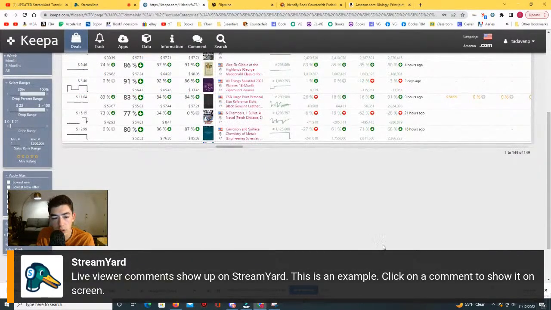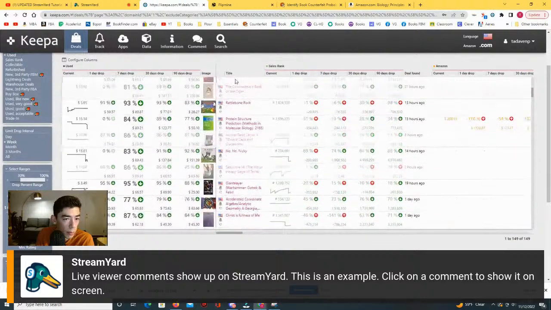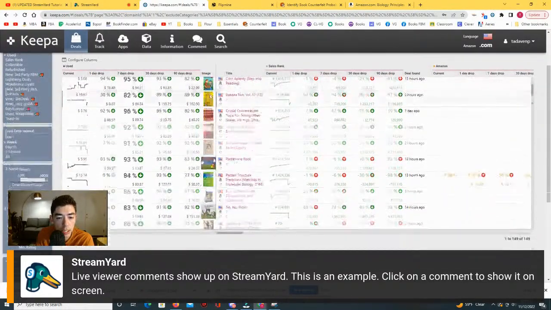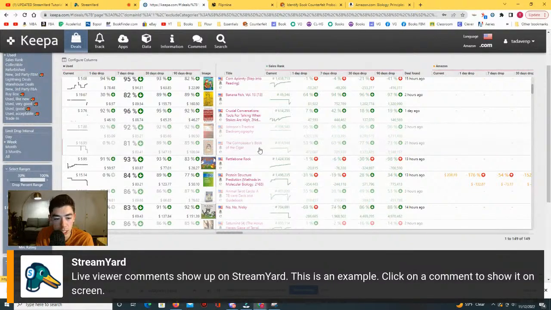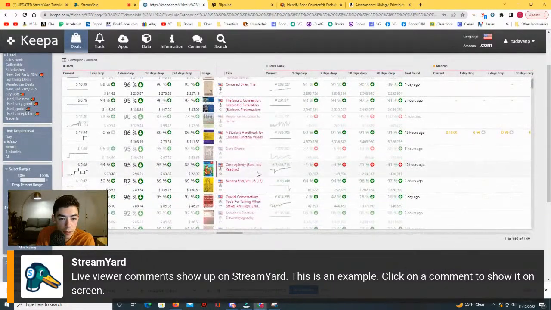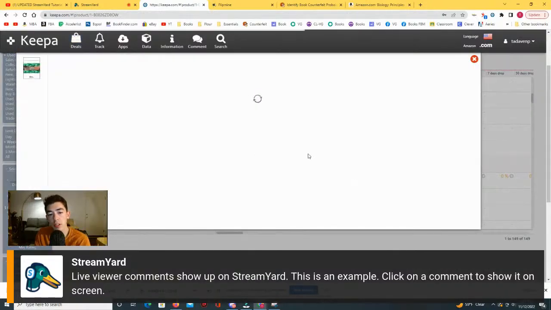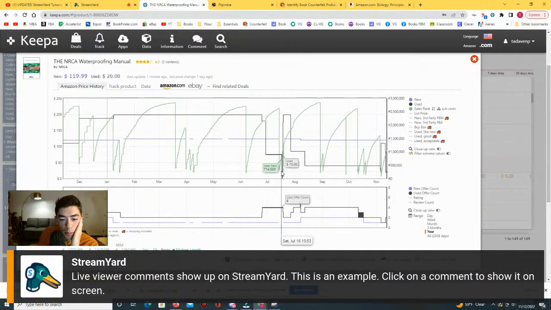You would have gotten an actual notification that would show up under the track feature here of Keepa. And I would definitely buy that book at 40 cents, because it's a totally undervalued book. So when you come across books, I'd definitely set trackers, because imagine if this is the data that you saw back then.